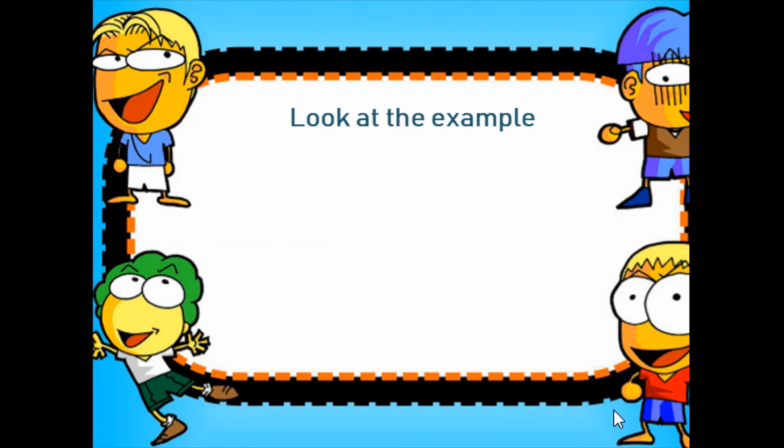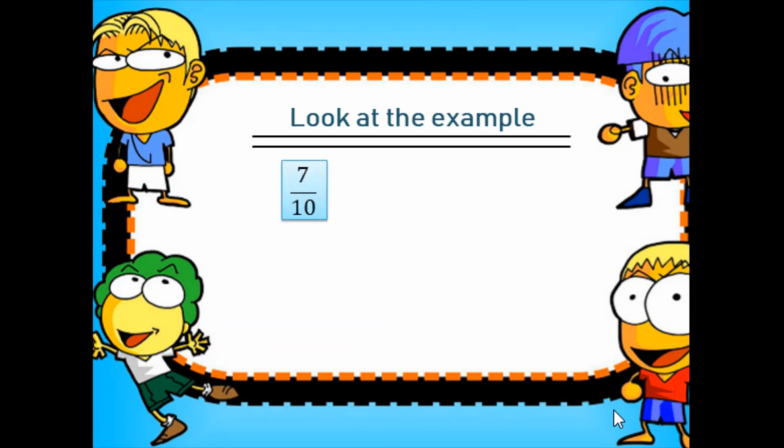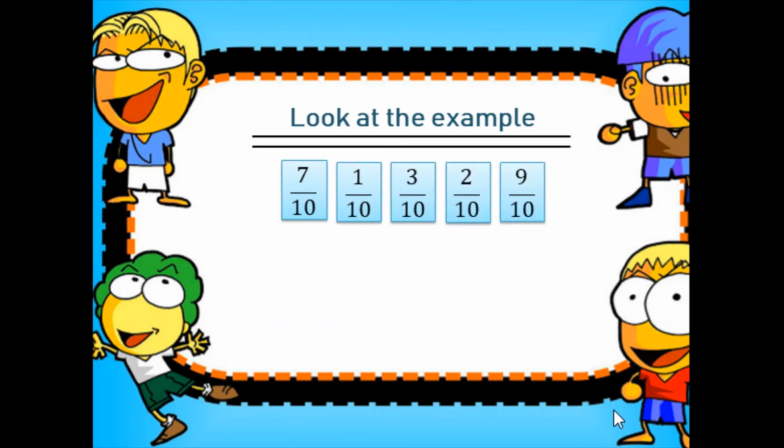Okay? Next, what if this one? We have 7 tenths, 1 tenth, 3 tenths, 2 tenths, and 9 tenths. Arrange in a descending order. That means you arrange going down.